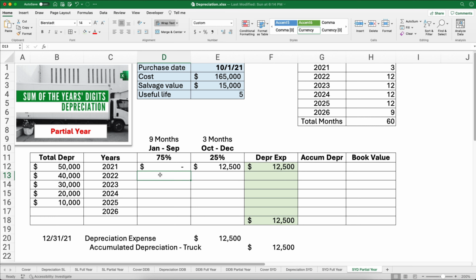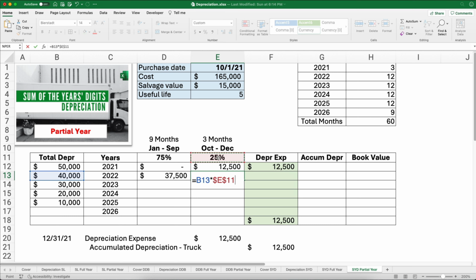Now, what do we do for year 2? Well, 2022, we still have January through September, we still have the 50,000. So we're going to take the 50,000 times the 75% and make that absolute value because I can copy that down. And then I can do the 40,000 times the 25%.